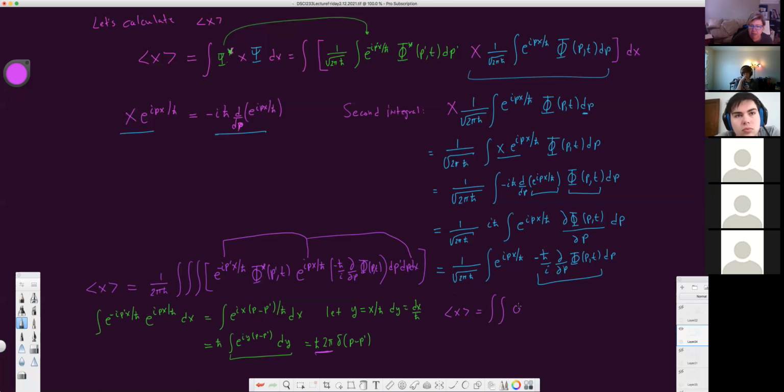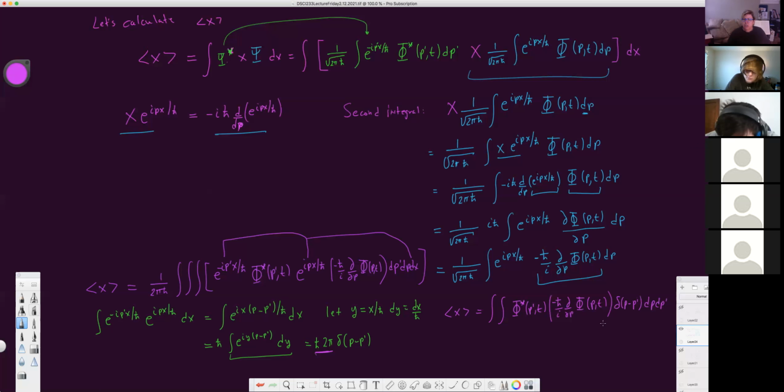And what we have left is phi star of p prime and t with this weird minus h bar over i operator thing, partial p, which I said is an operator thing for a reason. I'll get back to that. And then my delta function, forgot about him. Delta of p minus p prime, dp dp prime.